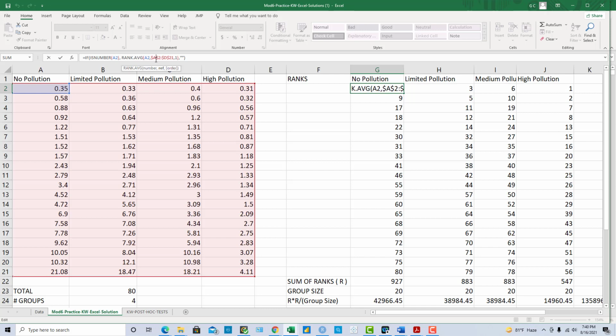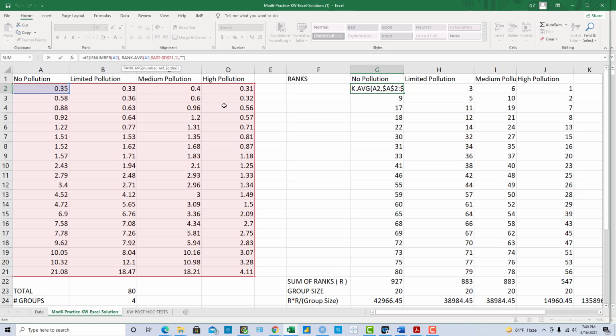The RANK.AVG function is doing that, and we are finding the rank among these 80 numbers, and that range is always fixed because we have to go from A2 to D21. That's why we are using these dollar symbols here. And if it is false, if A2 is not a number, then we don't want anything to be shown.